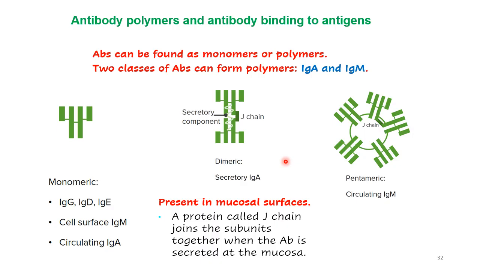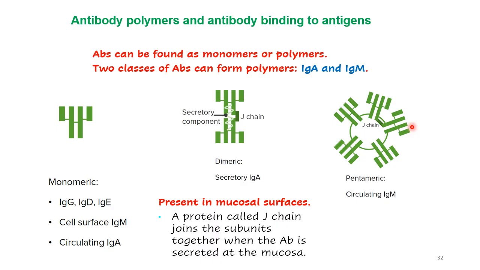Then you have the ones that are polymers. Only 2 of them to remember: IgA that is secreted at mucous membranes, or IgM. IgA, when it's in the blood, is a monomer. When it gets secreted at mucous sites, it's a dimer. IgM, floating in the blood, is a pentamer, and it gets secreted also as a pentamer.